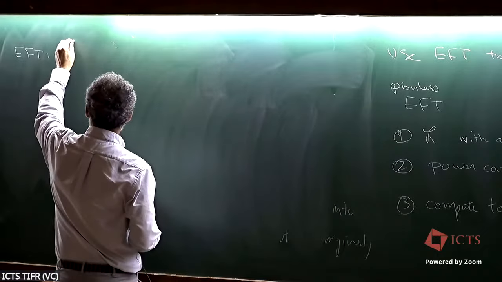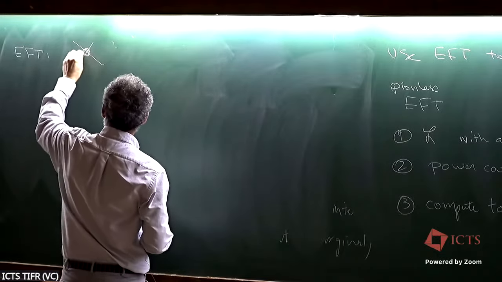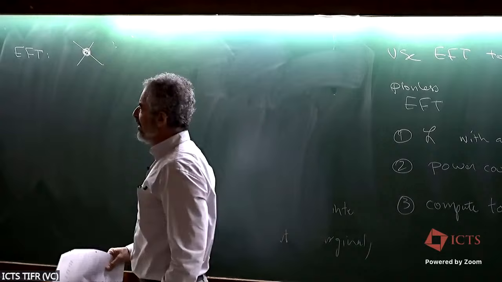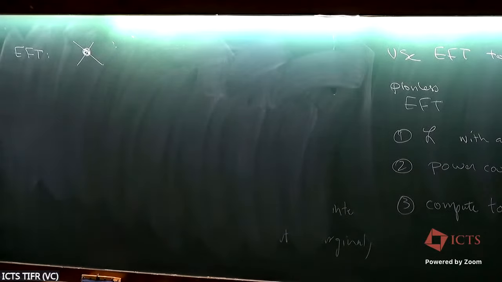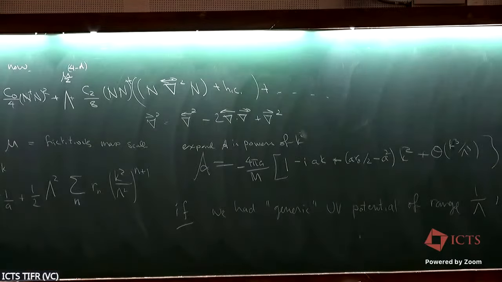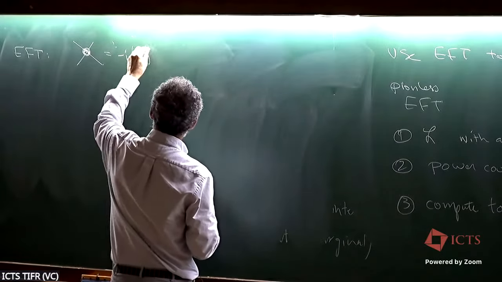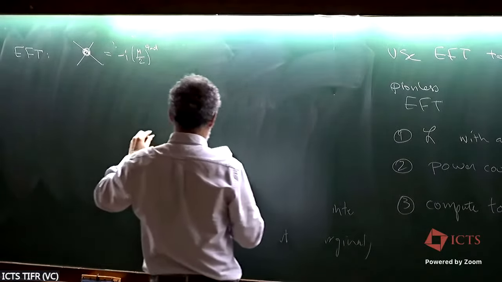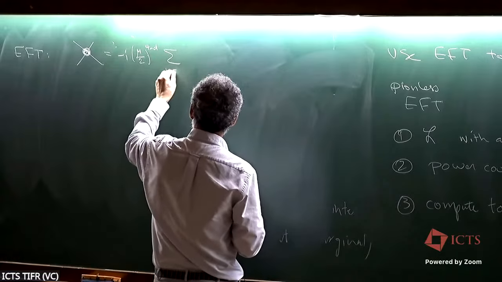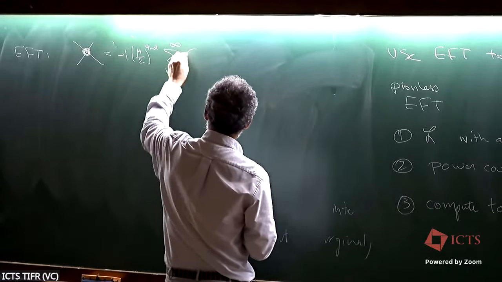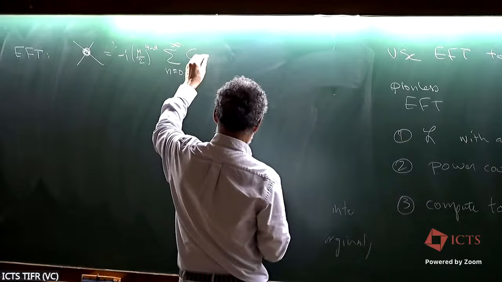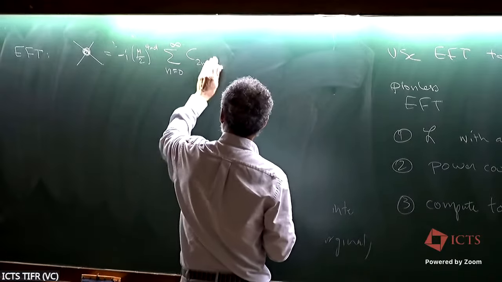Our tree level scattering, including the infinite number of scattering terms, is equal to minus i u over 2 to the 4 minus d times the sum on n equals 0 to infinity of c_2n p to the 2n, k to the 2n.